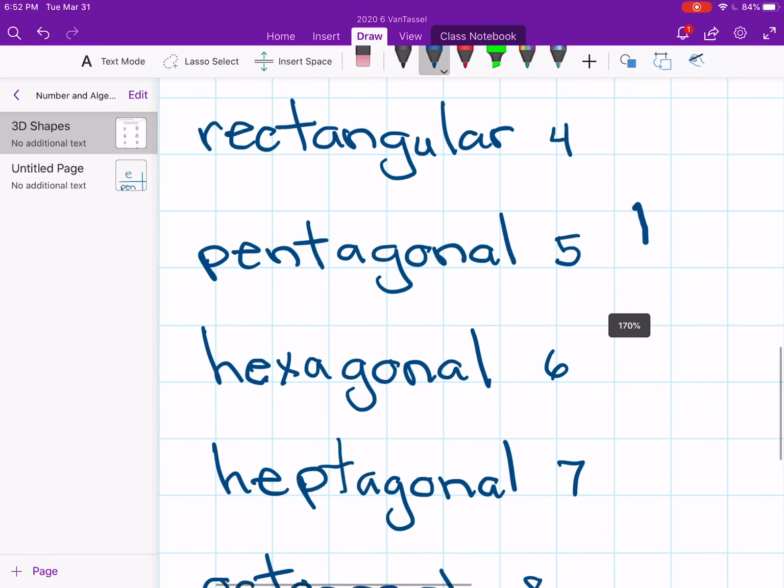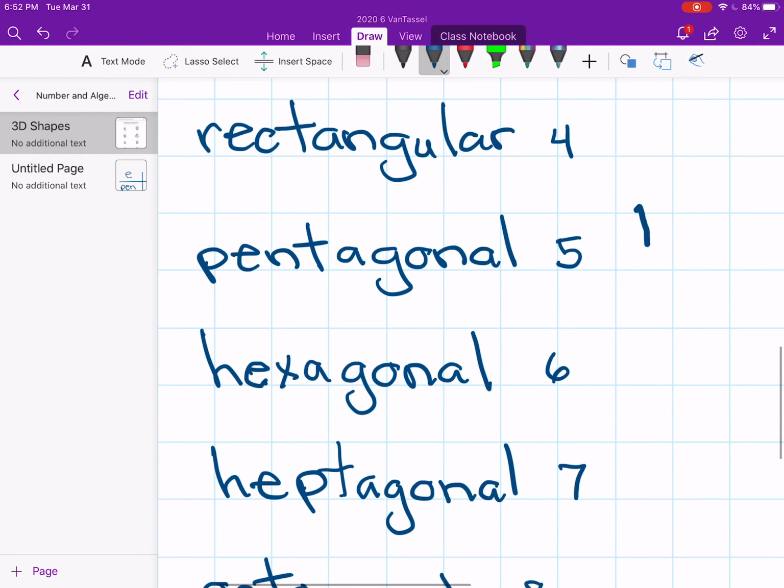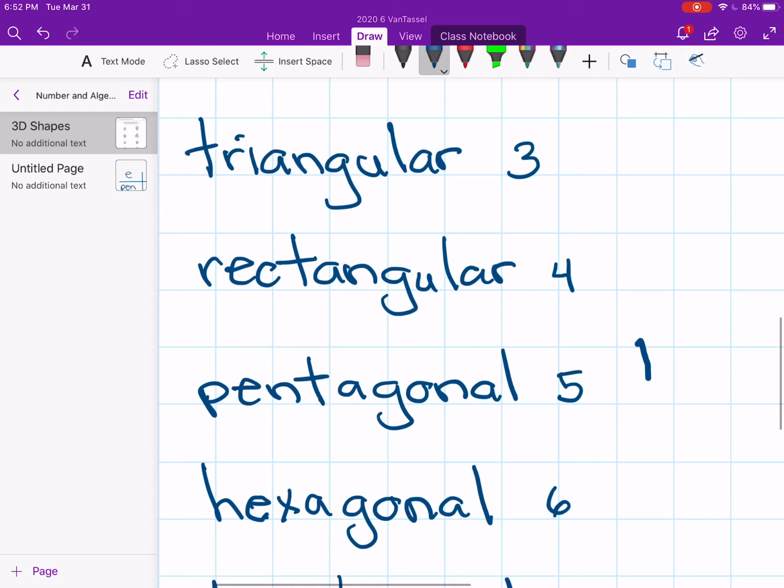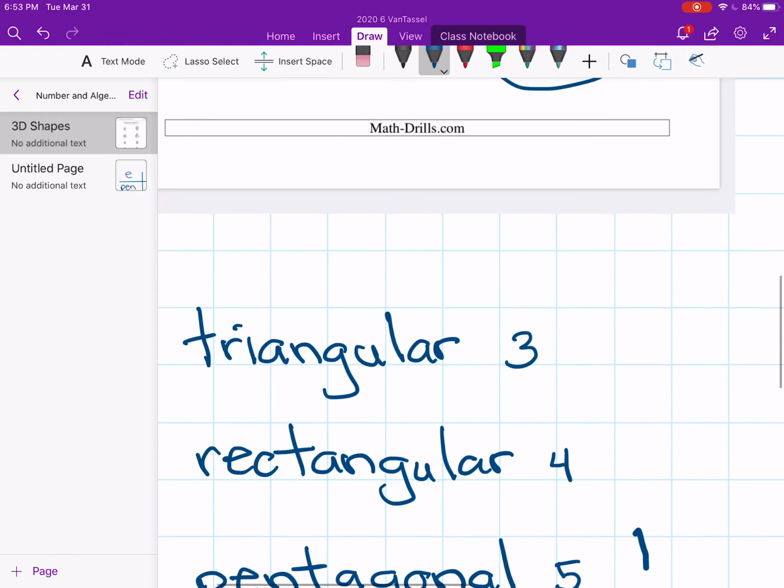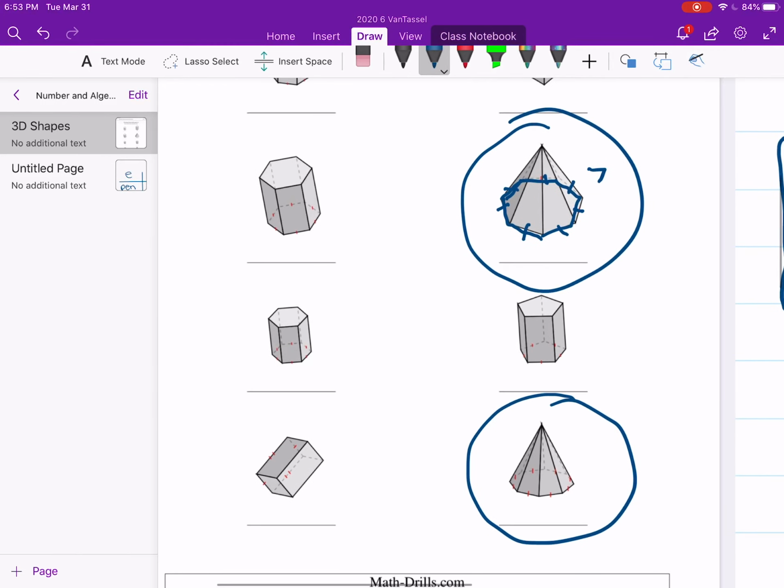Let's say hexagon has 6 sides with an AL generally at the end. Some of them are a little different, like rectangular and triangular. They're a little different, but along those lines. So I'm going to put here, it's heptagonal.